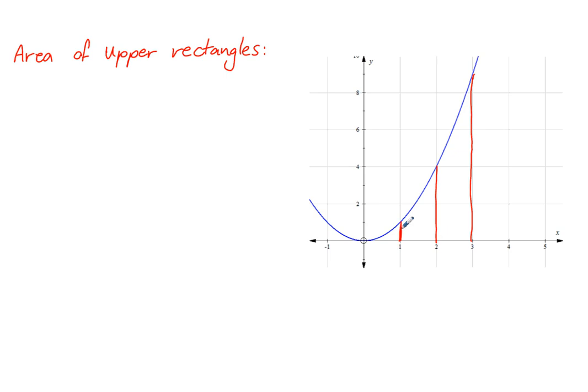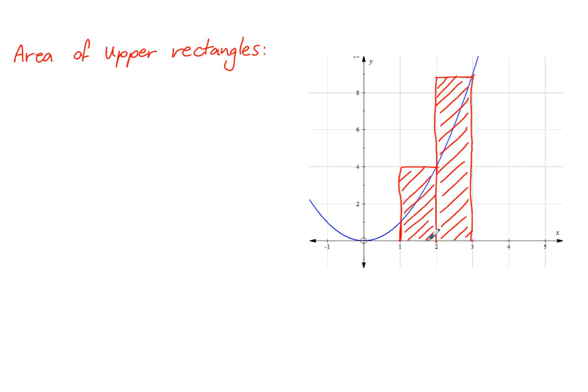But then instead of drawing lower rectangles, I'm going to draw the rectangles to go above the curve. So now if I calculate the area of this rectangle and the area of this rectangle here, this is going to give me an overestimate. It's more than what I need because of these extra sections here.